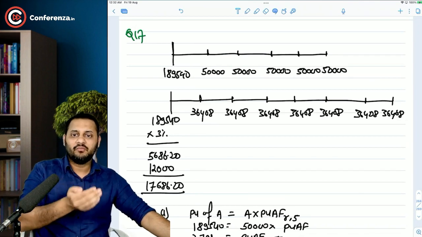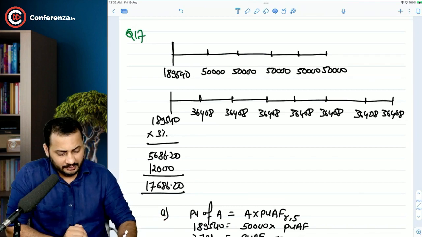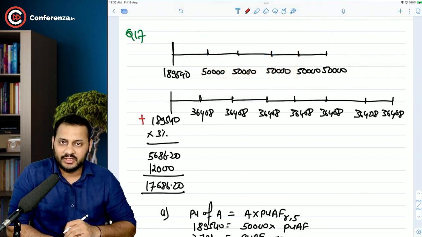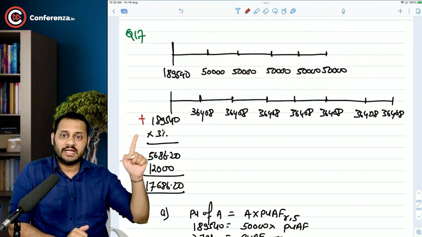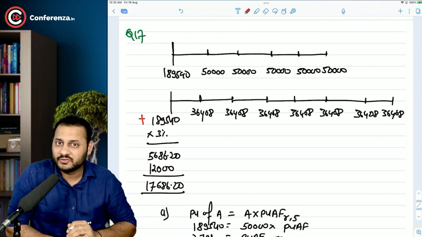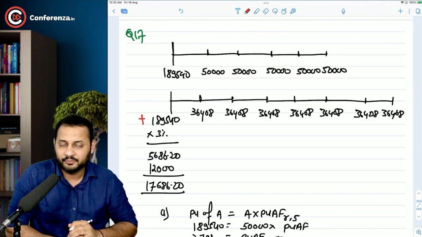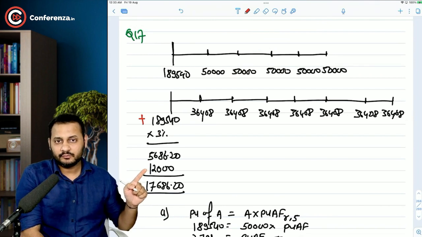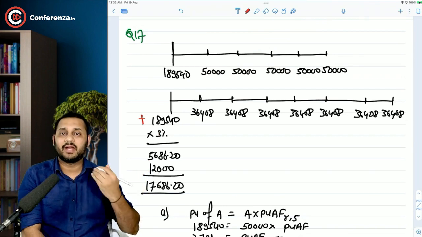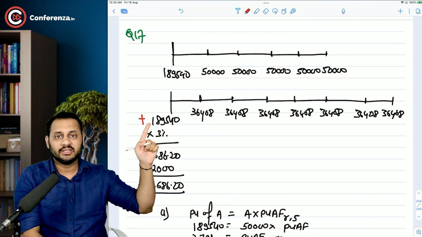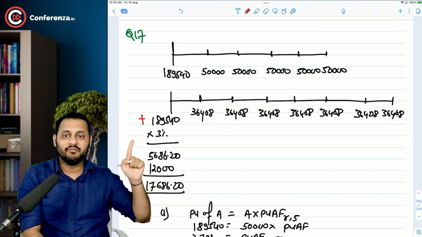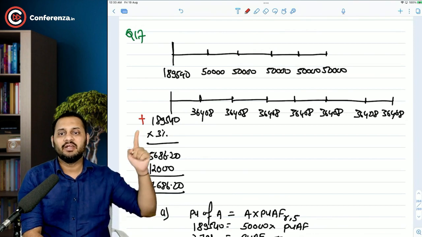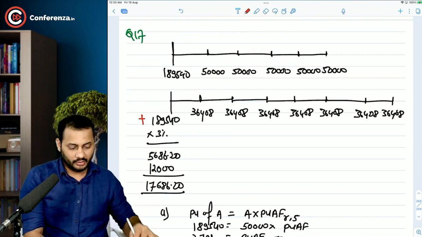So just imagine that the bank will give you this much money, 189,540, and for that they are charging 36,408, right? But if you have to pay this much of the expenses, what will happen? What happens practically is, instead of giving this much of the loan, the bank will give you the loan by deducting these expenses. So you will receive a lesser amount of loan.